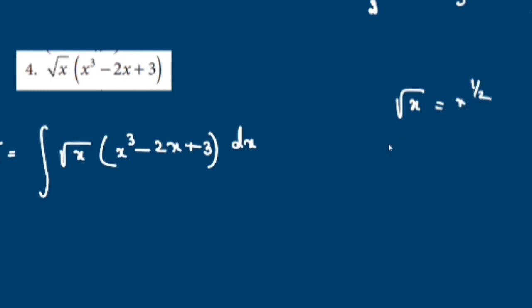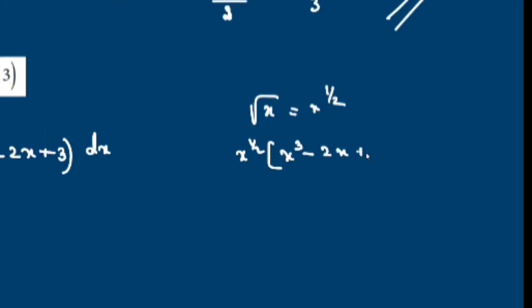So let us multiply this: x power half into x cube minus 2x plus 3. So this is nothing but x power half into x power 3, minus 2 into x power half into x power 1, plus 3 into x power half.